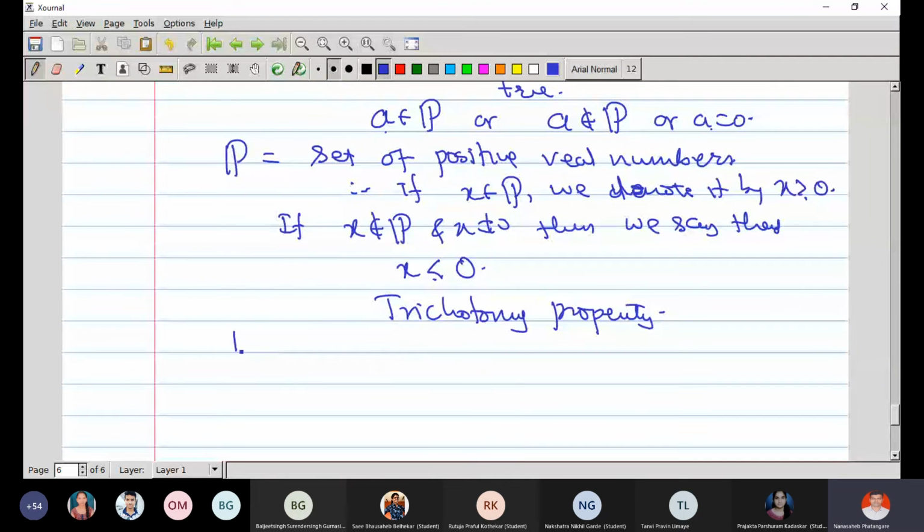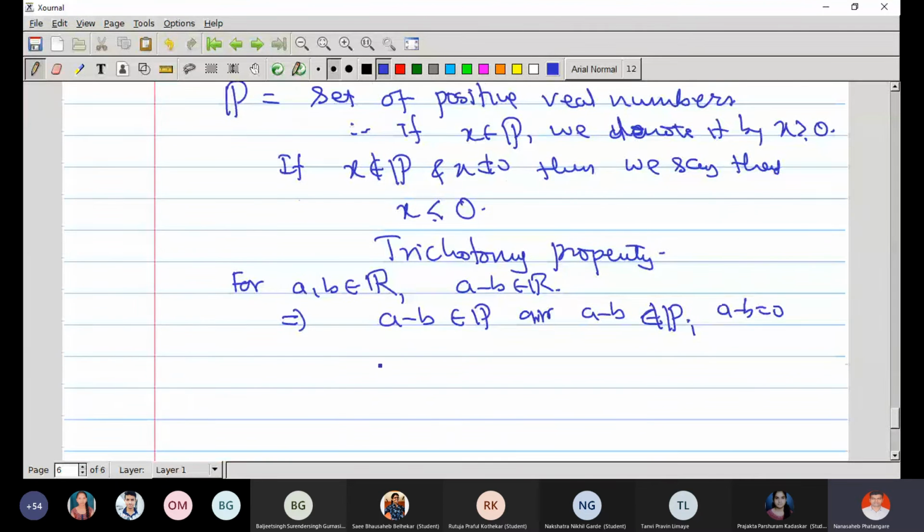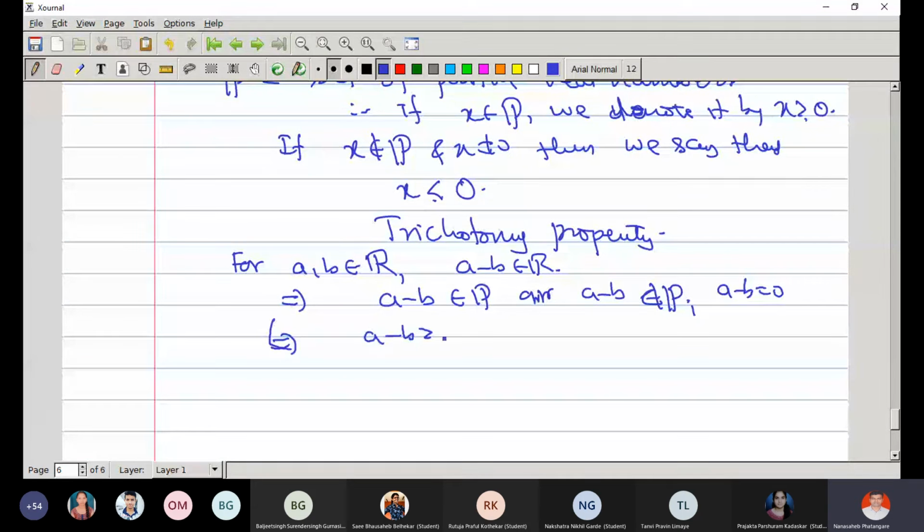More generally, for a and b belonging to R, a minus b is a real number, and therefore by the trichotomy property either a minus b is positive, or a minus b is negative, or a minus b is 0.